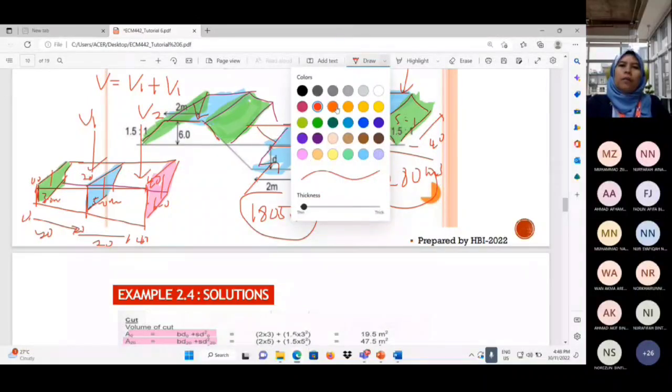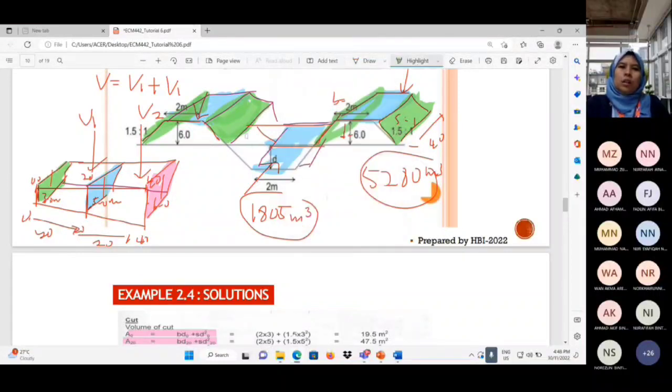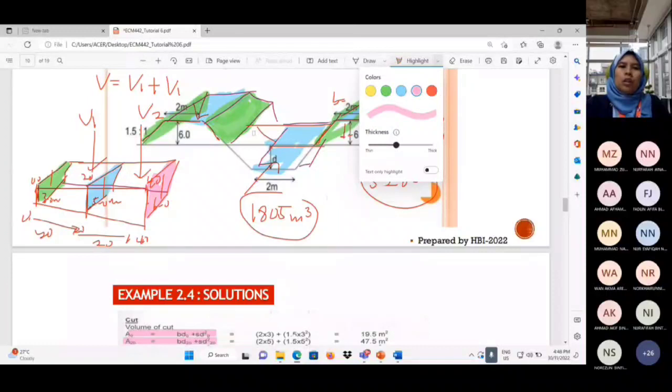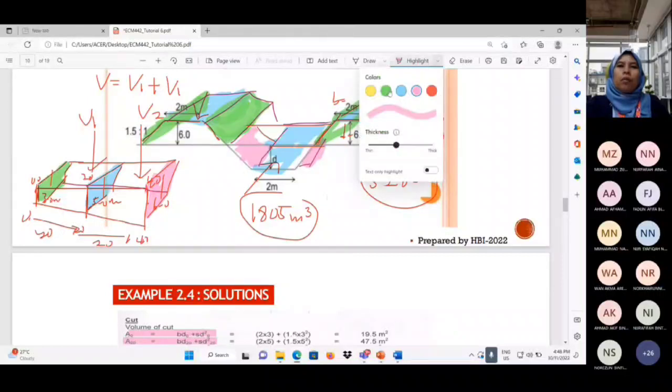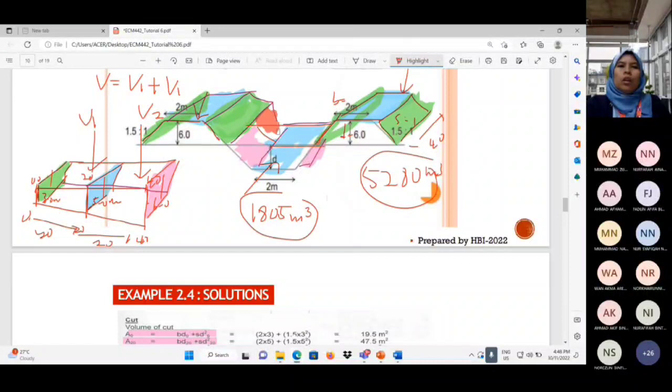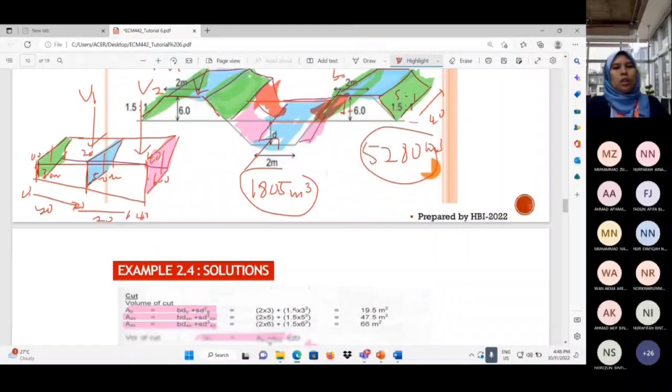Channel 0 to 20 has the same slope area, and channel 20 to 40 has the same slope length. So 20-20, it has 2 sections. This one is also 2 sections.